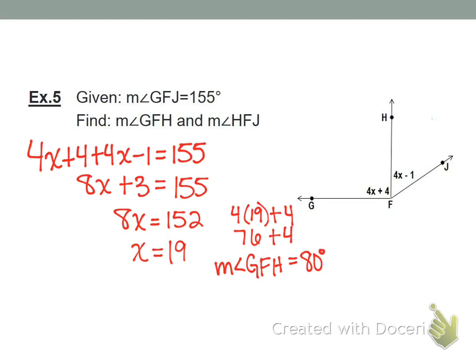We could plug it in again, or if we know the measure of the whole thing, and we know this one's 80, we could subtract. So we could take 155 minus the 80, and we would get 75 for the measure of angle HFJ.